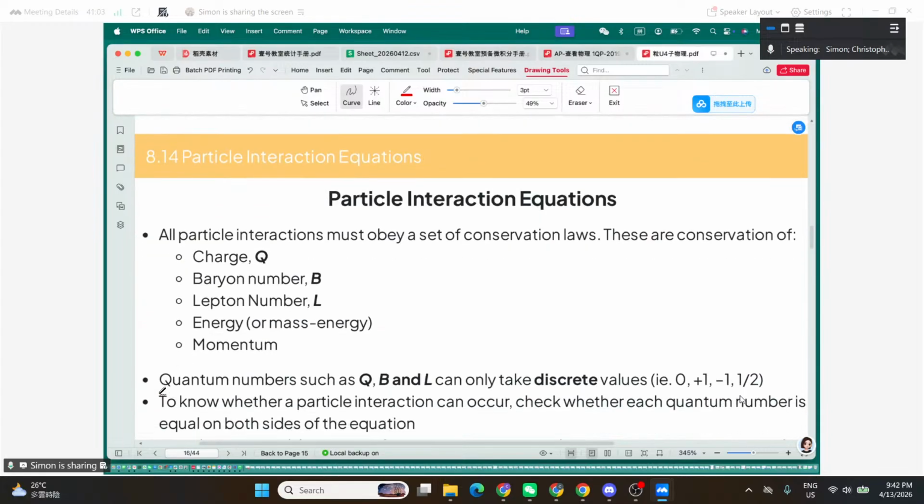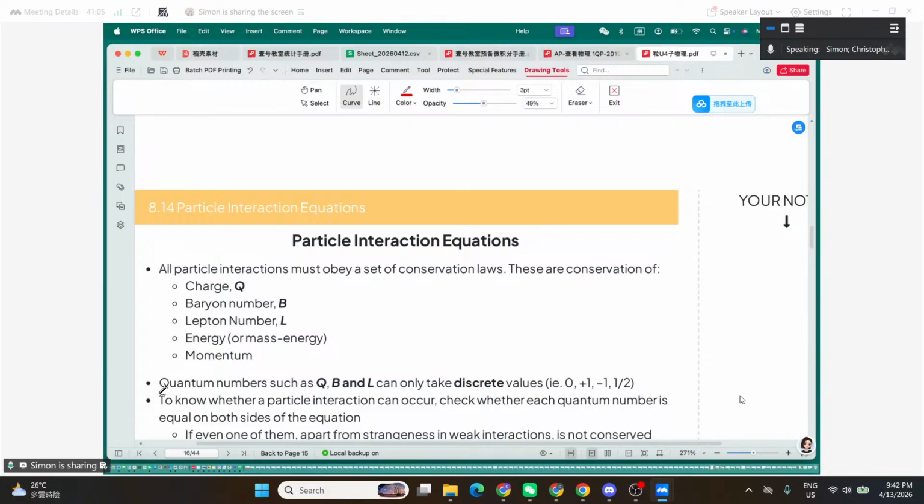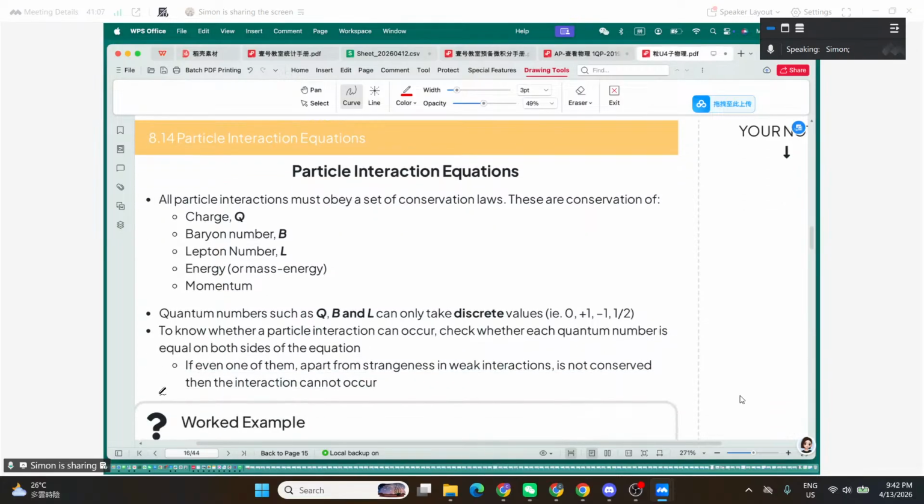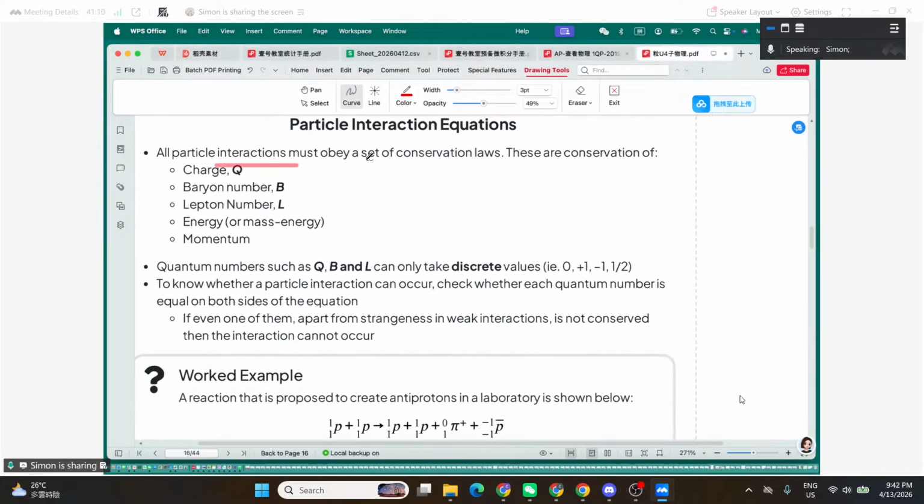And for particle interaction equations, all particle interactions must obey a set of conservation laws. If we want to verify whether the equation is conserved, there are 5 laws.